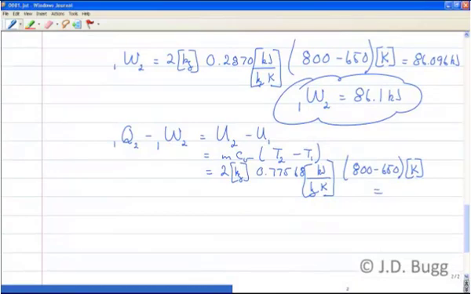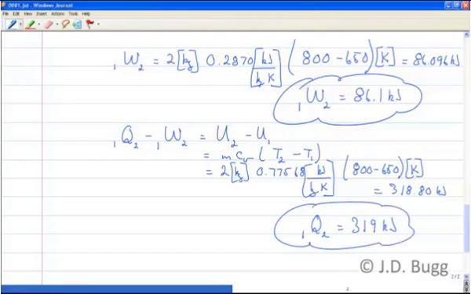So that works out to 318.80 kilojoules. So just stating our final answer for that heat transfer to three significant figures, 319 kilojoules.